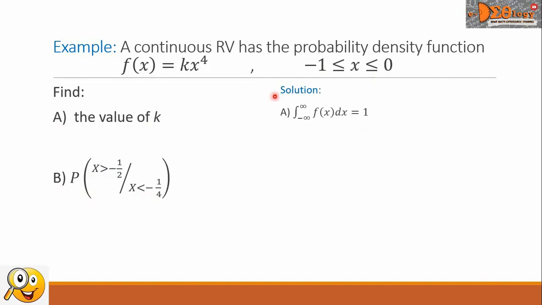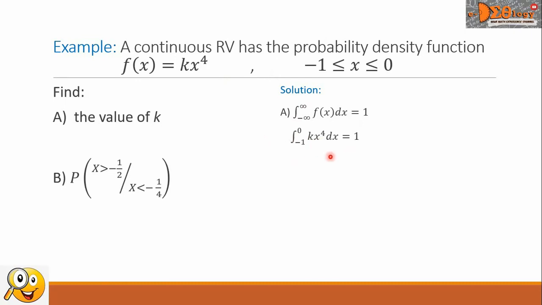For our solution, we take note that the integral of f of x dx equals 1 for the limits from -infinity to +infinity. Considering the given problem here, we will write now the integral of k x raised to 4 dx equals 1 from -1 to 0.